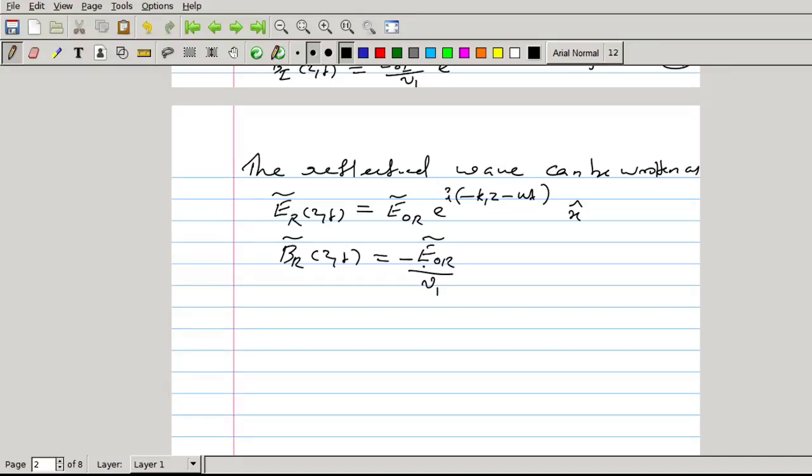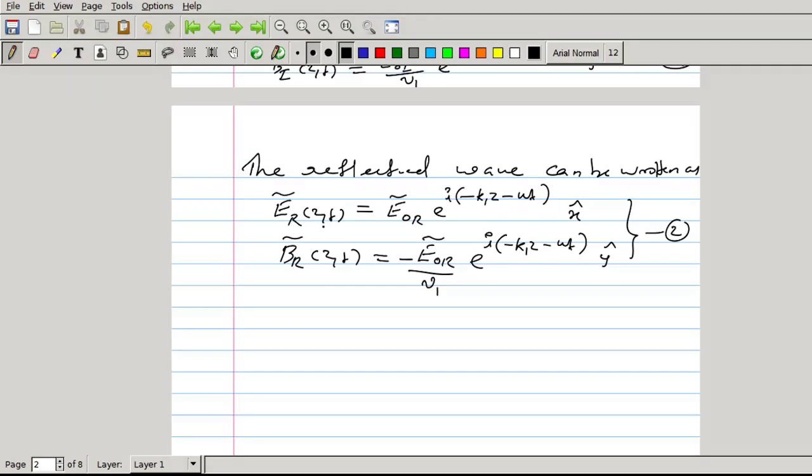We can write it as minus E_0R by V1 e raised to i(minus k1 z minus omega t) y cap. So this is equation number 2.